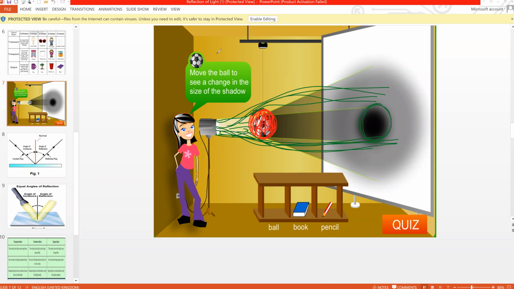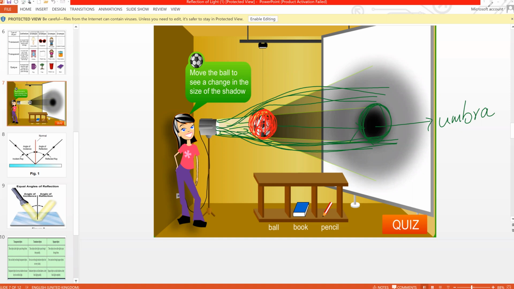This region was not given in your textbook, but if I want to define it, this region is called umbra, and the other is called penumbra. The ball does not allow light to pass through it, hence this is reflected as a shadow.